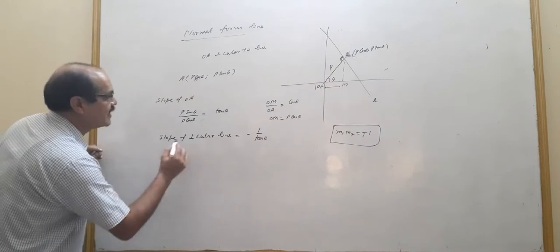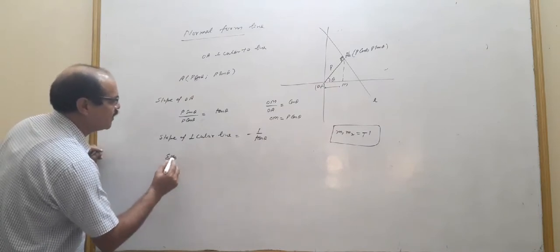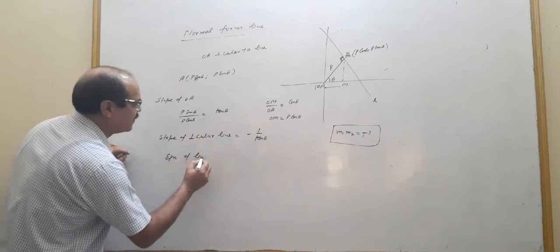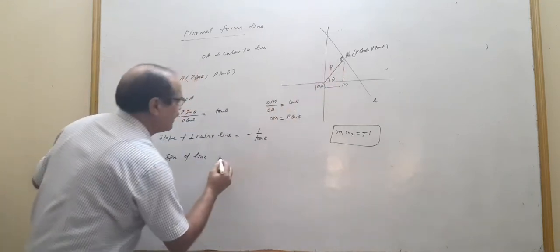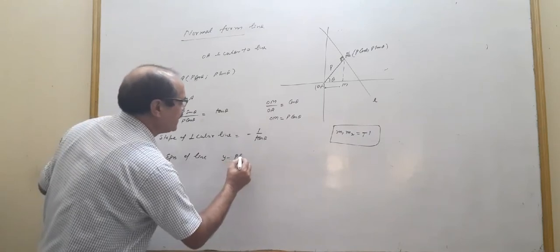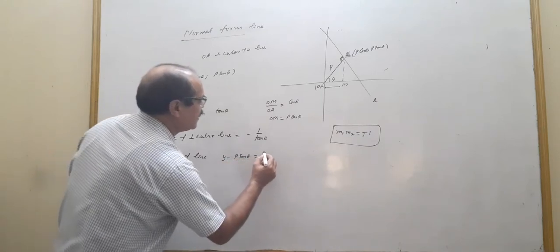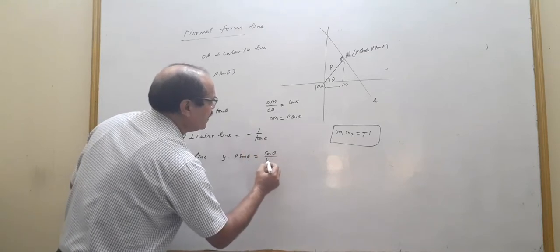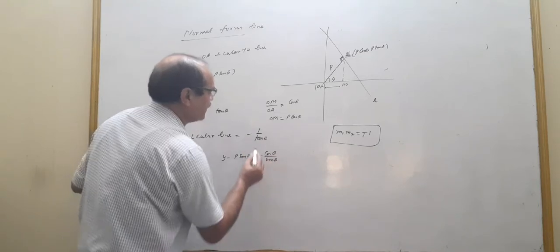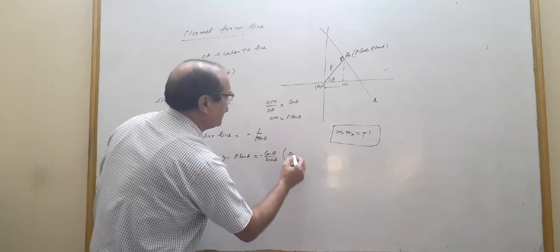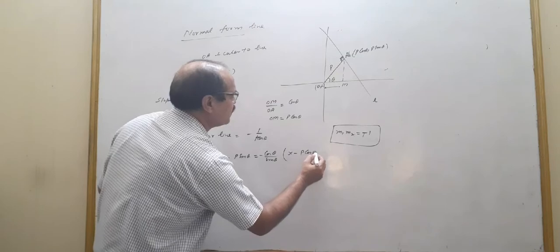Therefore, what is the equation of this line, the normal form? The equation will be the equation of the line passing through the point A, that is y minus y1, that is p sin theta, is equal to m times, m becomes minus cos theta upon sin theta, isn't it? That is, the reciprocal of sin upon cos, and x minus p cos theta.